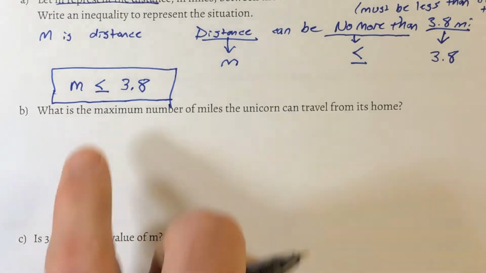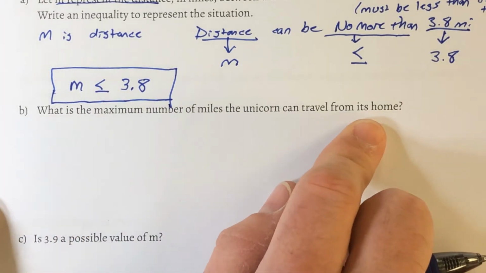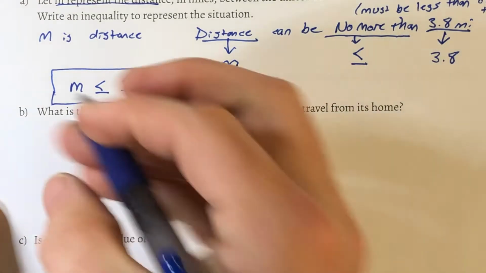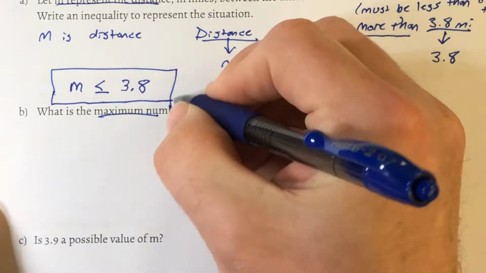Part B. What's the maximum number of miles a unicorn can travel from its home? Well, according to our inequality that we came up with, first we'll recognize that maximum means most.